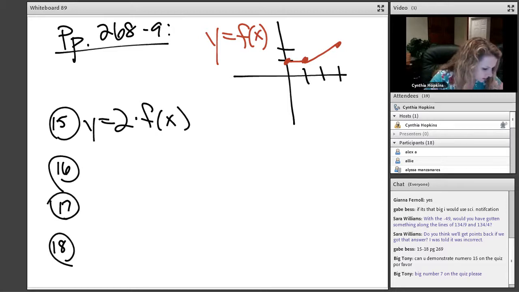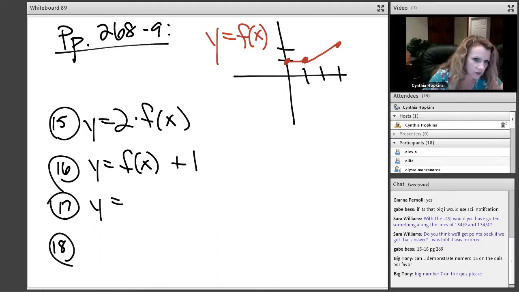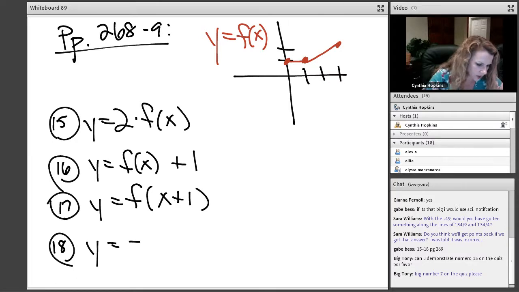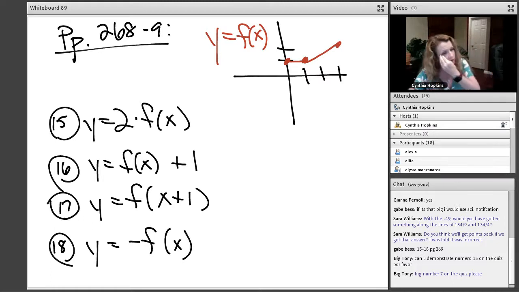All right, so 16, they want y equals f of x, and then a plus 1. And then 17, y equals f of x plus 1. And then 18, y equals negative f of x.